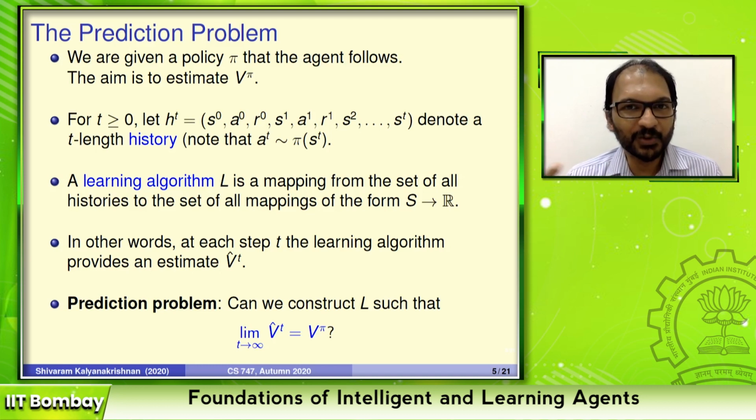We need to assume that the MDP is conducive for being able to do this. So formally, I'm going to provide two assumptions. Going forward in this part of the course, we will assume that the MDPs we are given satisfy these assumptions. If they don't, then it's not reasonable to expect to solve these problems.